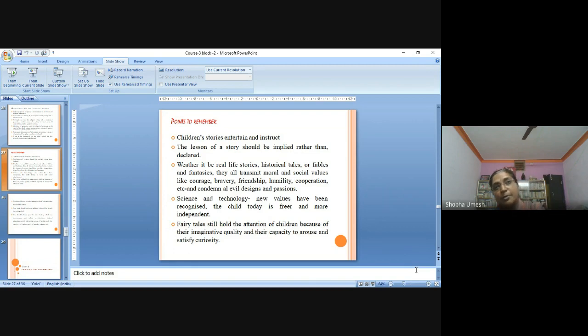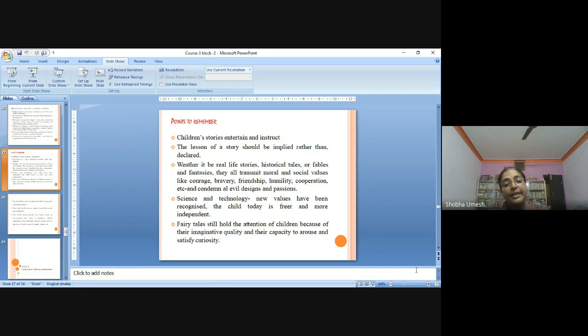They never want to be dependent upon others. So such kinds of stories have to be written for the present child who is completely dependent upon science and technology. There is no world for them without science and technology.